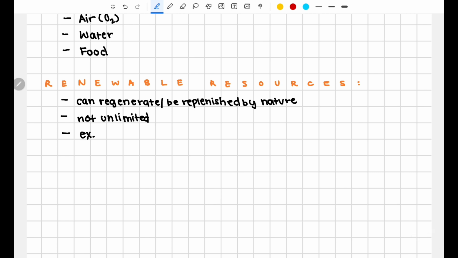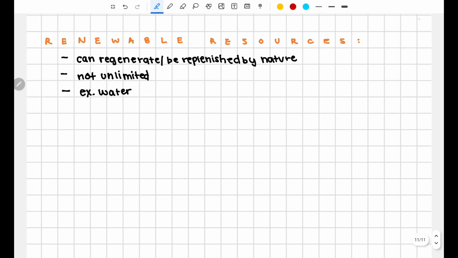Let's look at some examples of renewable resources. Water is a great example of a renewable resource because when we talk about the water cycle, it's replenishing all of the water supplies on Earth. It's naturally cycling around the Earth, but it's not unlimited.